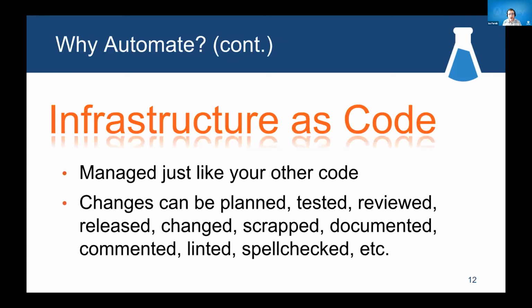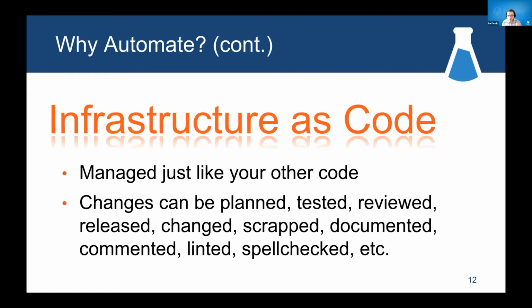So why automate? It's probably obvious for lots of reasons. My favorite one is you get your infrastructure as code. In my mind, this is the number one reason to automate pretty much anything. You already know what good code management looks like, and now you can do that with your infrastructure.